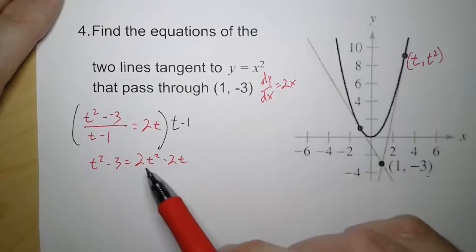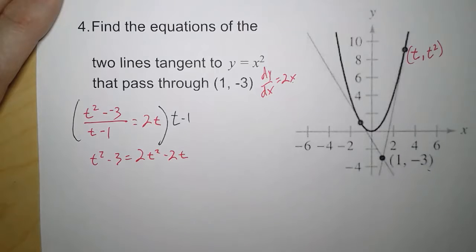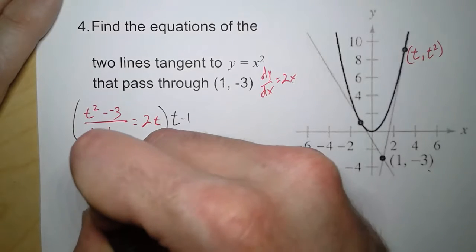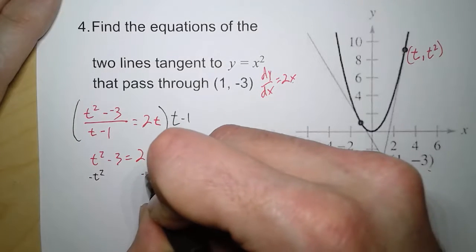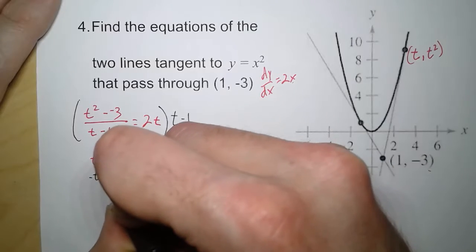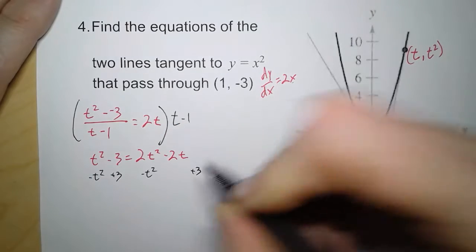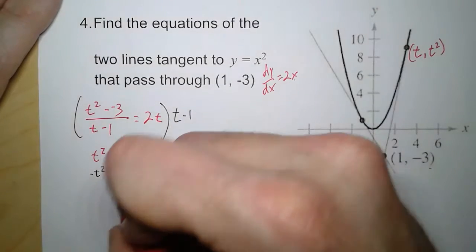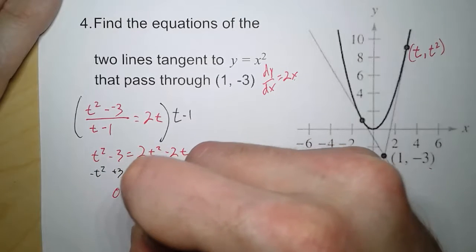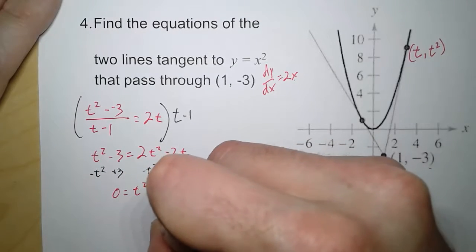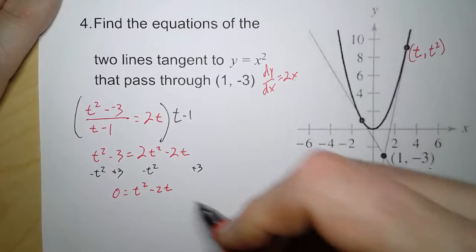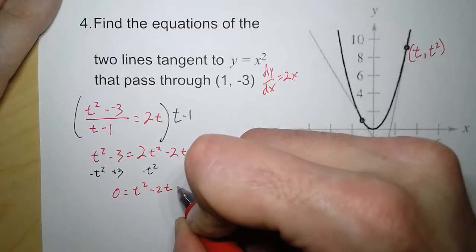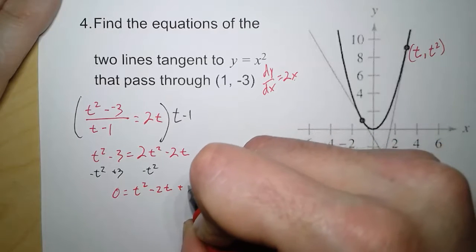All right, like all good quadratics, we'll subtract everything to one side. So minus t squared on both sides, and then add 3. So 0 equals t squared minus 2t plus 3.